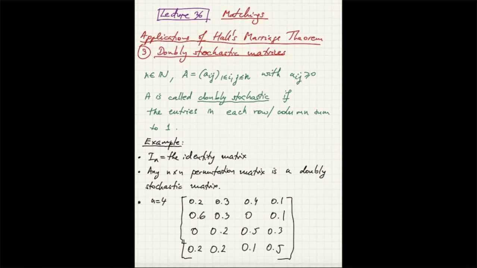So it can be checked that the sum on each row, if you pick, for example, this row, it's 1, and the sum on each column is also 1. Okay, so this is a doubly stochastic matrix.